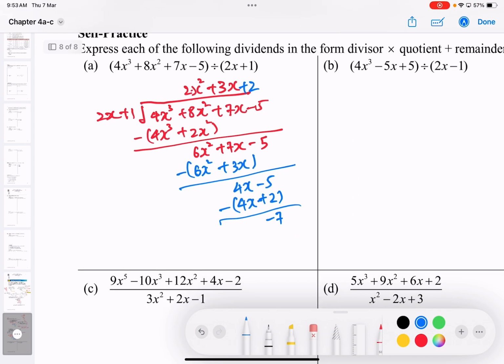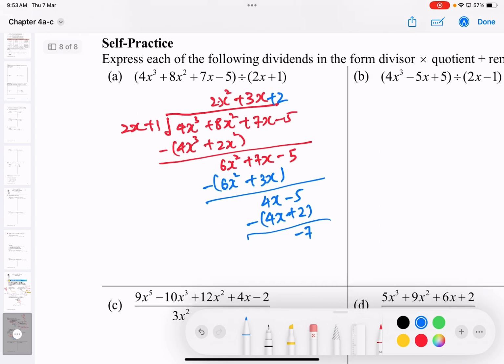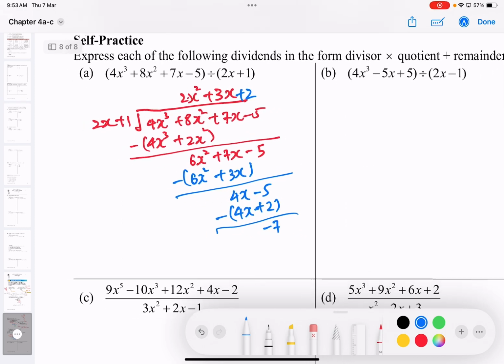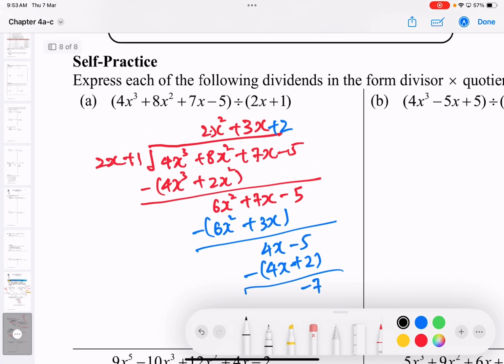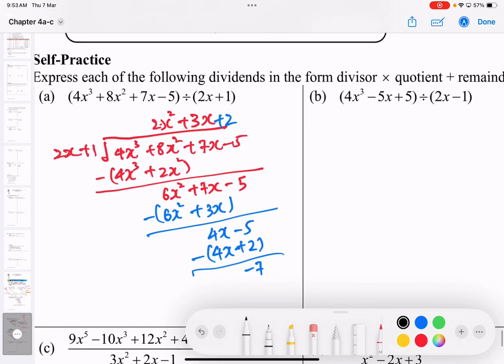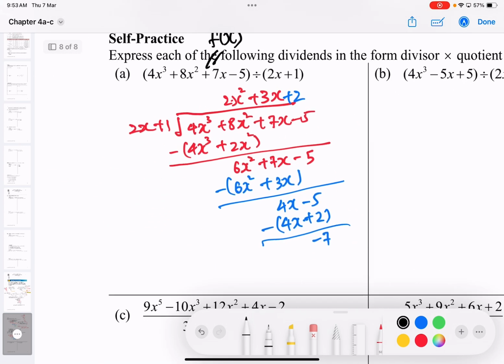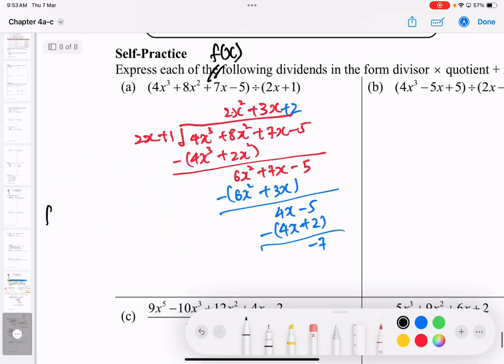Now the question actually asks you to express each of the following in the form of divisor times quotient plus remainder. So we can actually quickly do that. Let me change color. I am just going to say that this dividend, we're going to call this f(x), so it's much easier. Can you just call this f(x) so we don't have to write the whole thing down? f(x) refers to the original function or the dividend.